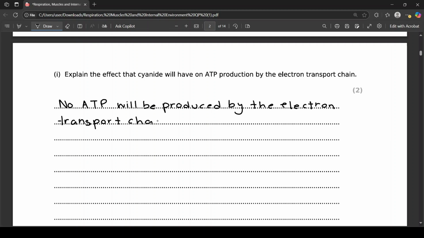You will get 1 mark for answering this one.